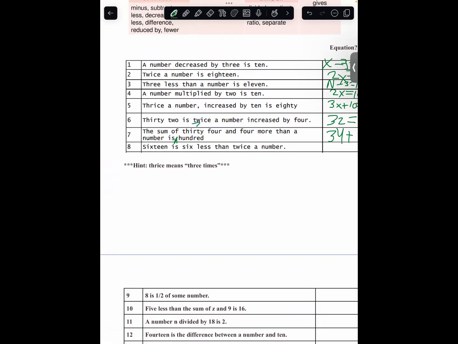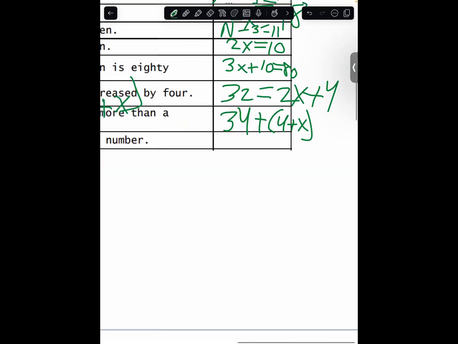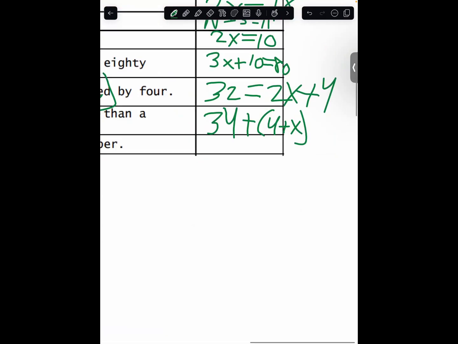So 34 and, so the plus, where that and is, this and this, that always means plus, 4 more than a number. So that's kind of weird because when it says 4 more than a number, it's really like that. So 4 plus x. It wouldn't matter if you didn't have the parentheses because there's nothing times on the outside there. All right, and then let's say equals 100. Okay.